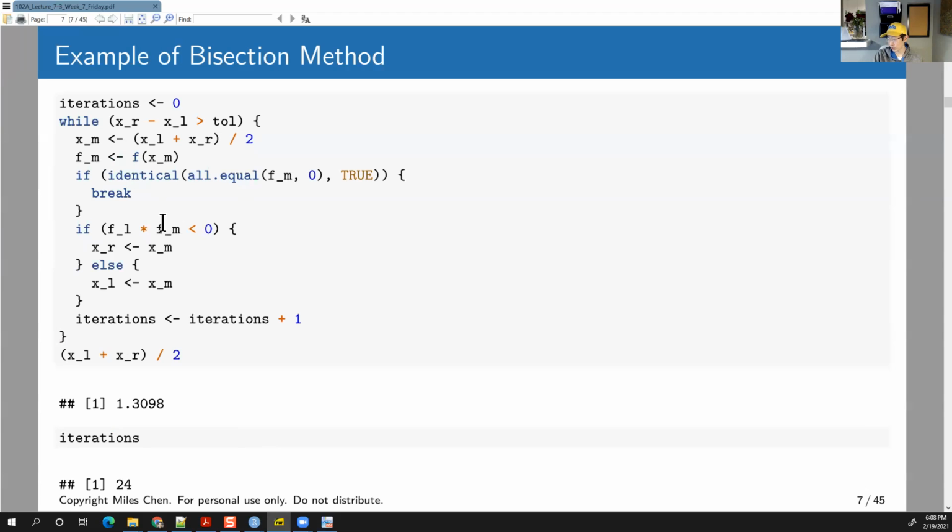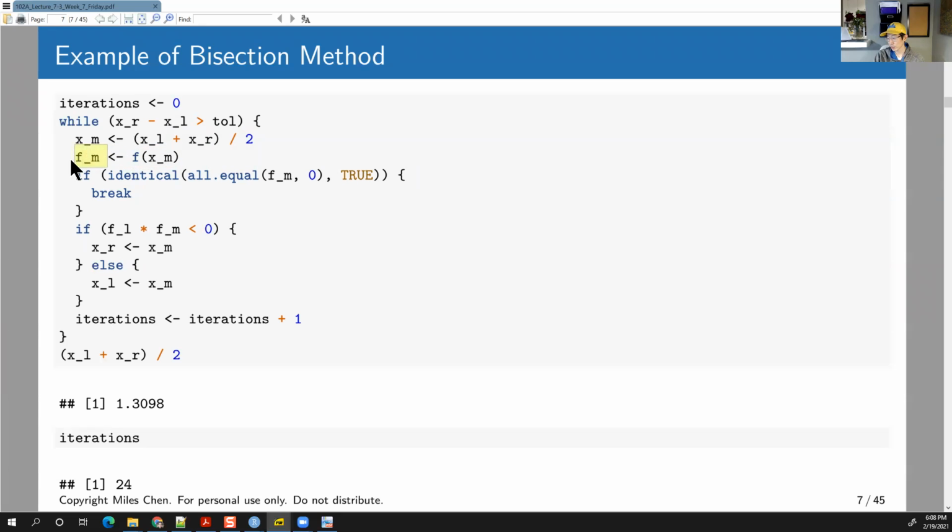And so this is what the algorithm looks like. We're going to say while the right-hand side minus the left-hand side is greater than some tolerance level, which is 10 to the negative 8 right now, we're going to run this algorithm. These are the steps of the algorithm. Calculate the midpoint: the midpoint, xm, is the left plus the right divided by 2. Evaluate f at the midpoint, f at xm.